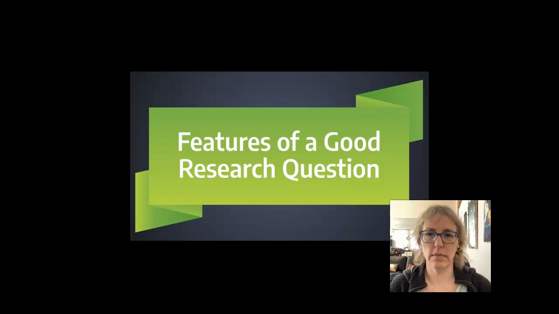Now that we understand the reasons why you'd want to turn your topic into a question, let's talk about the features of a good research question. A good research question is not oversimplified. That means two things. Firstly, the question should be open-ended. The answer is not yes or no, nor is it a question that's easily answered by a fact.